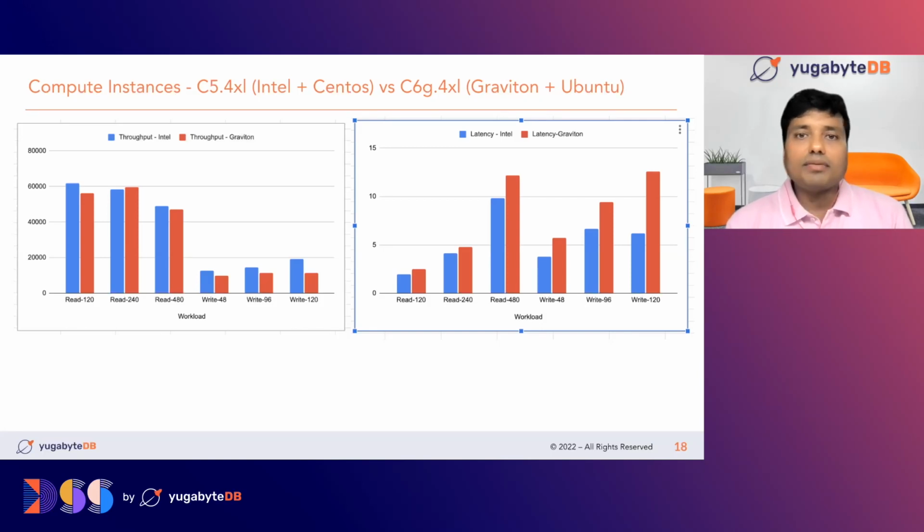From this graph, I think this gave us confidence. This primary test was on C5 4xl and C6G 4xl instances, which we were testing, like I explained earlier. I think these numbers were pretty good and encouraging, and that is where we started discussing whether we can move Yugabyte cloud instances to Graviton.